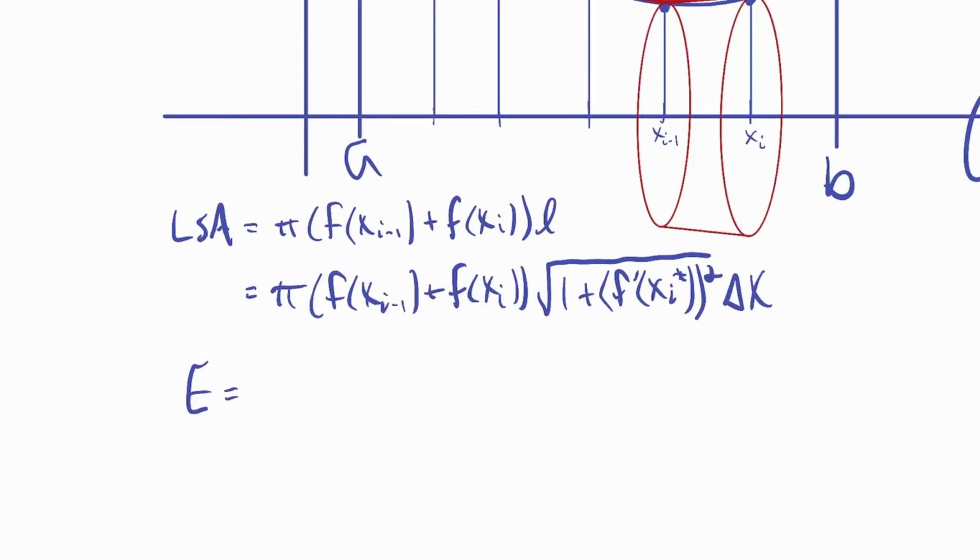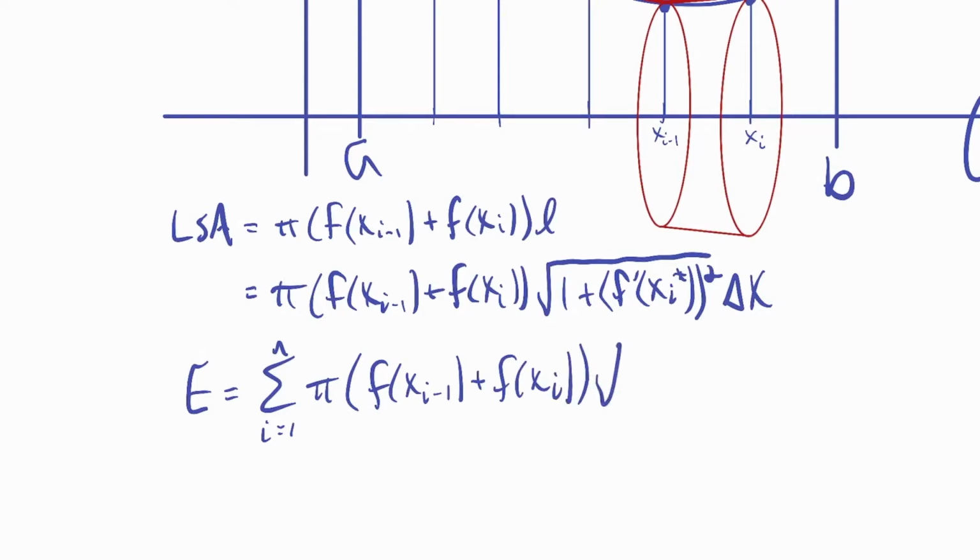Well, this is going to be the sum as i goes from 1 to n of pi times f of xi minus 1 plus f of xi times the square root of 1 plus f prime of xi star, squared, delta x. Remember, xi star is a point in the interval guaranteed to have a slope equal to the slope of the red segment.